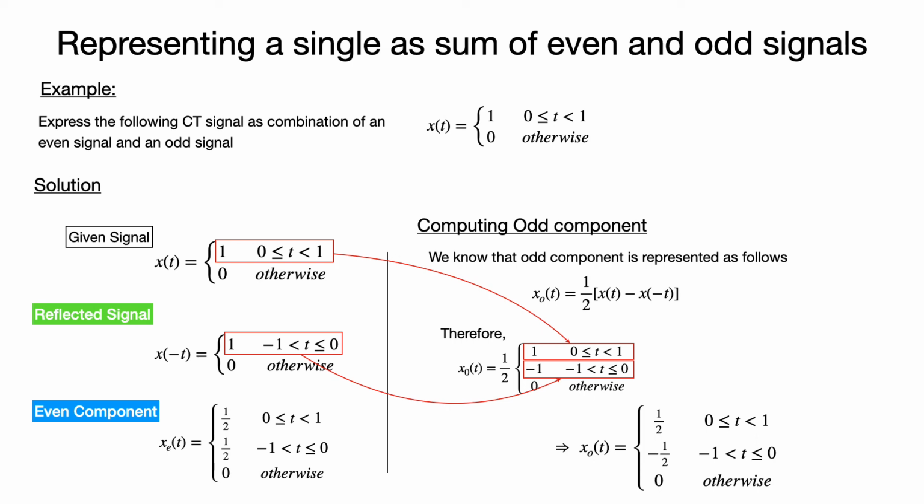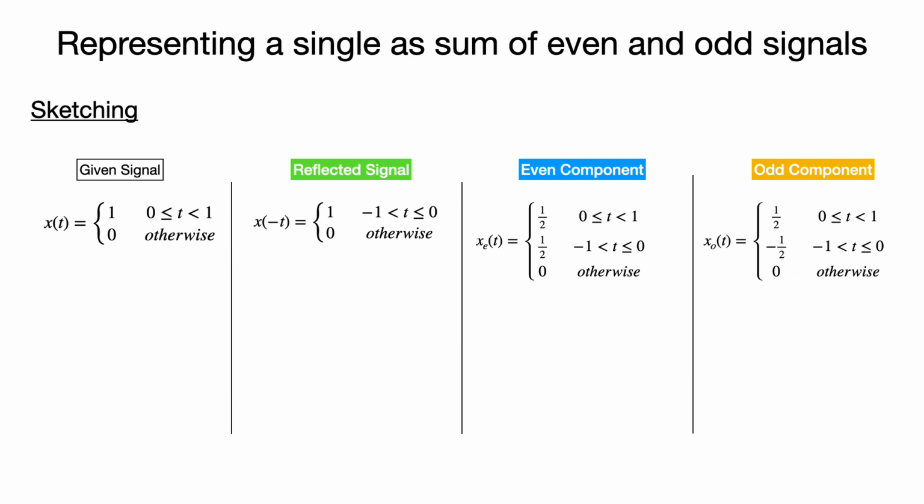Now let's plot them. This is how we can sketch them. The given signal is like this. It has magnitude one between 0 and 1 and 0 otherwise, and the reflected signal is like this.